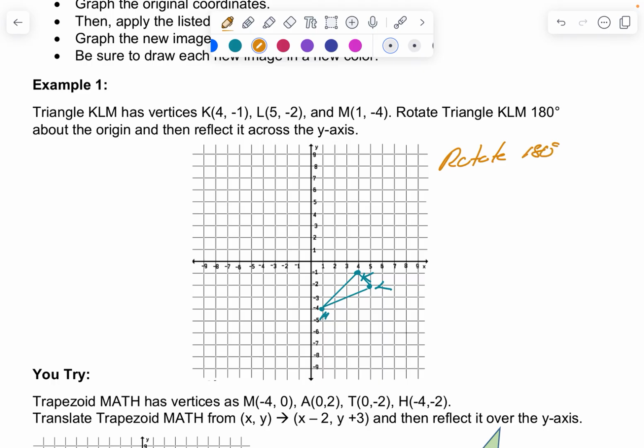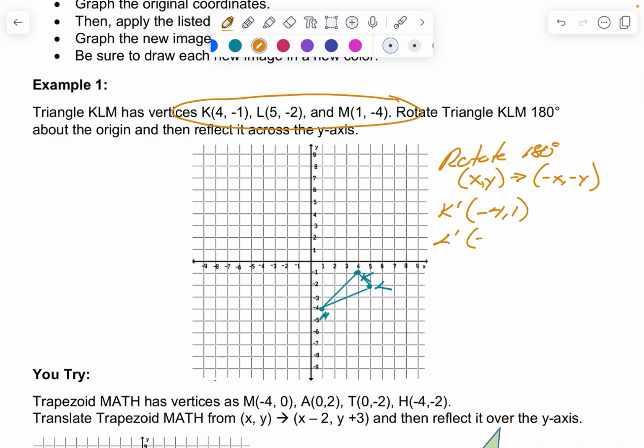So all these ordered pairs, remember, (x, y) becomes (-x, -y). So K prime is going to be (-4, 1). L prime is going to be (-5, 2). And M prime is going to be (-1, 4).